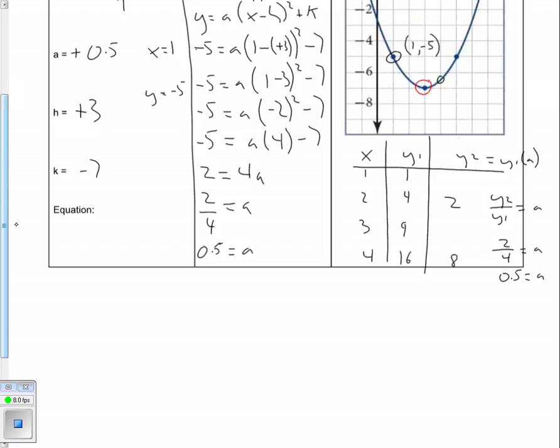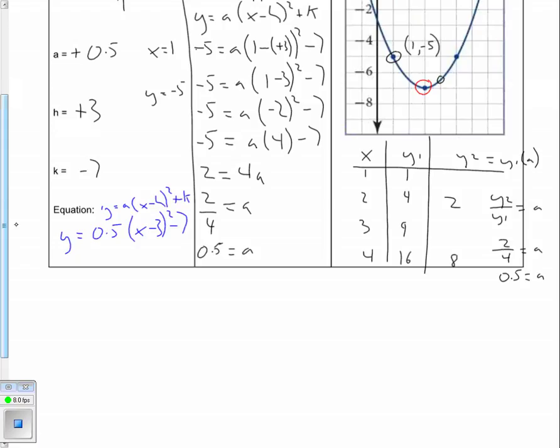So the equation in vertex form, again, remember the equation is always in the form y is equal to a times x minus h squared plus k. We're going to substitute in what we know. So we know for sure y is equal to 0.5 times x minus 3 squared minus 7.